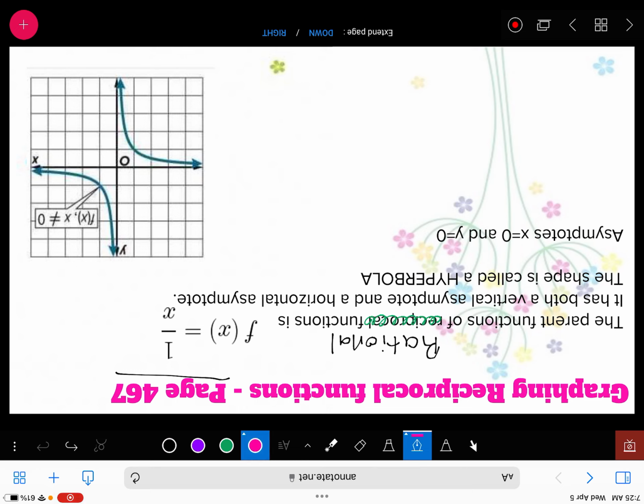You did asymptotes with Ms. Rice back when she was here. Asymptotes, remember those are the walls where our graph cannot cross it. It has a vertical asymptote and a horizontal asymptote. Two. Thank you.